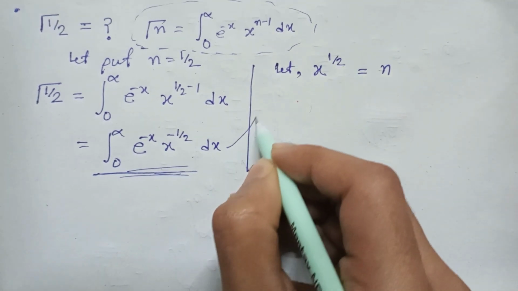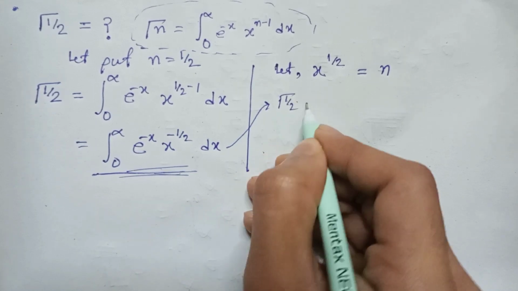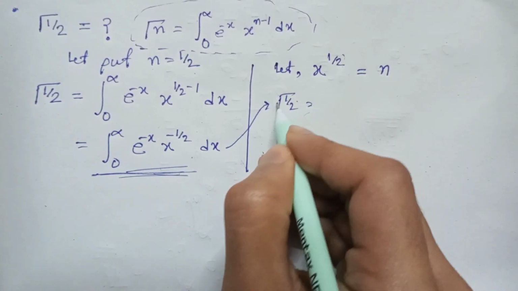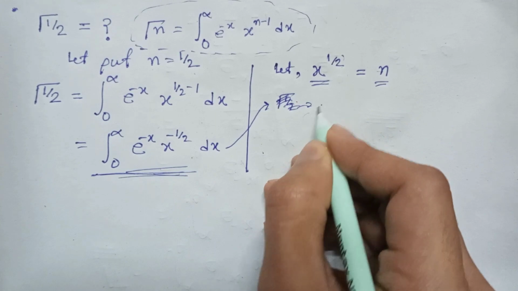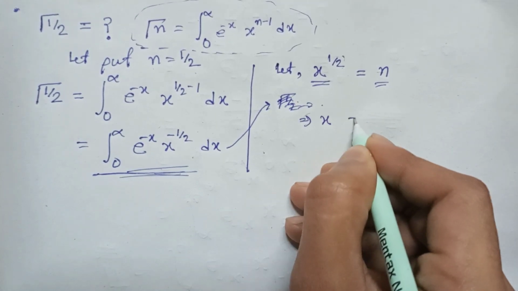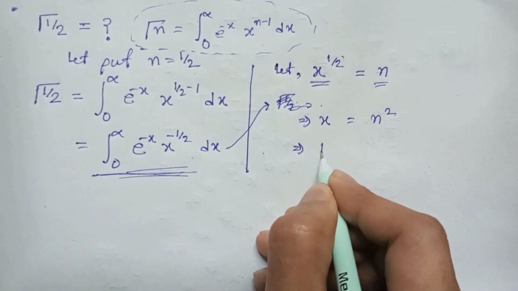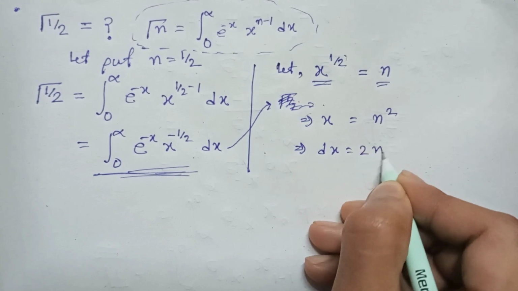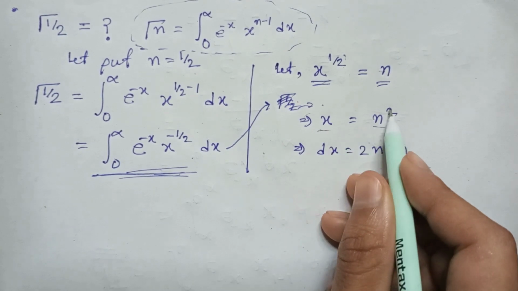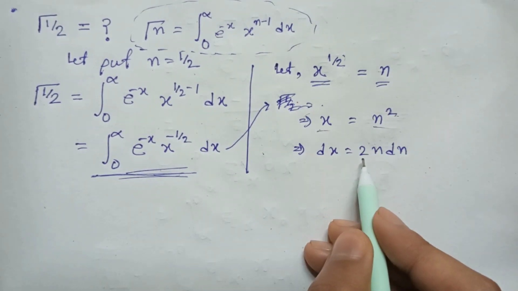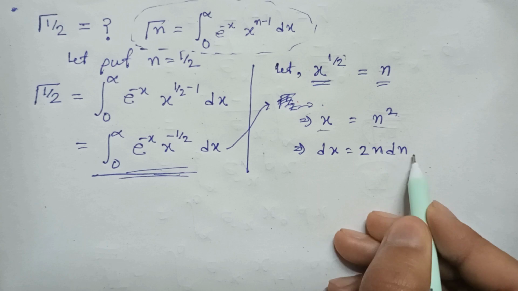One more thing: x to the power half equals n, so we can write x equals n square, and this implies dx equals 2n dn if we differentiate both sides.